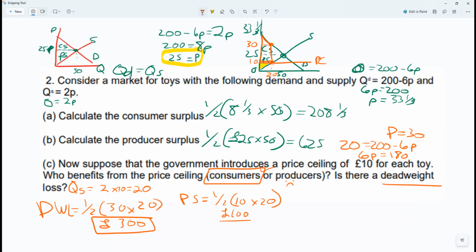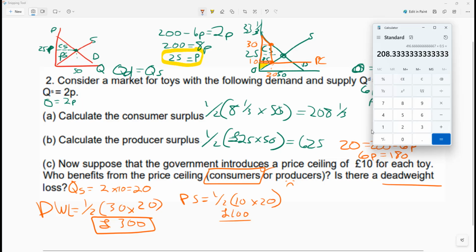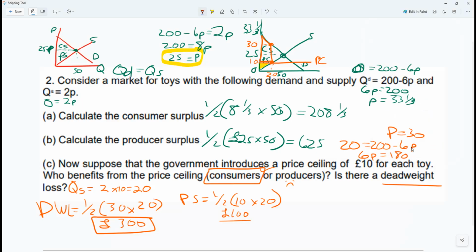So the producers are really hurt by this. They see their surplus drop from 625 down to 100. And that seems like a lot, so I'm going to recalculate that, make sure that I calculated it right. And I did. Okay, so it's just really a lot. My little picture is not really to scale, but the numbers work out.